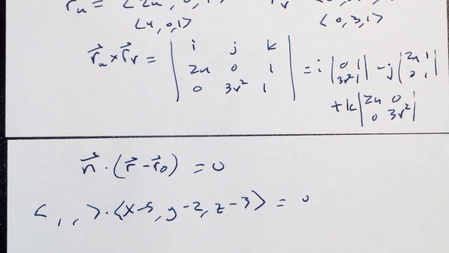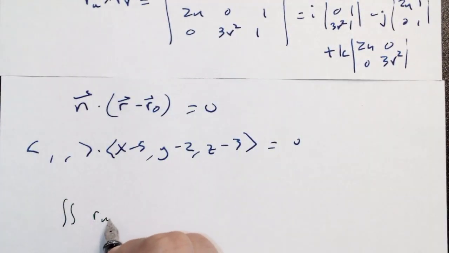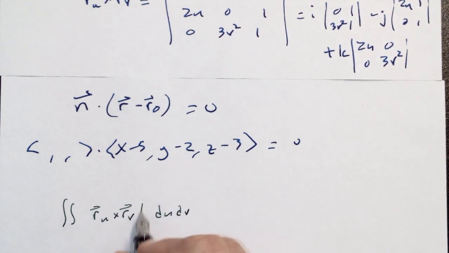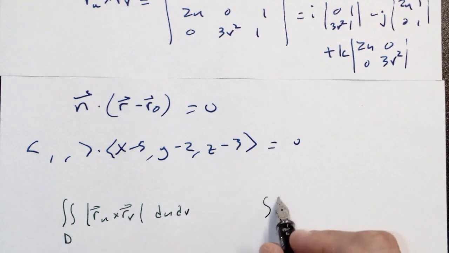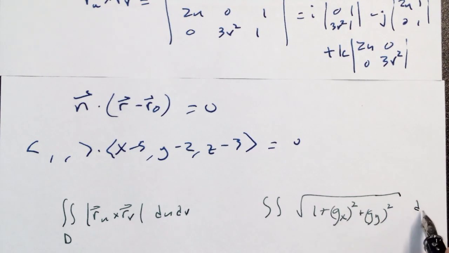Right. If I'm given a parametric surface, I'm going to do the double integral of the magnitude of RU cross RV dU dV. And if I'm given a function, I'm going to do it like that, and then maybe this will be easier to do as dx dy or dy dx or in polar or something.